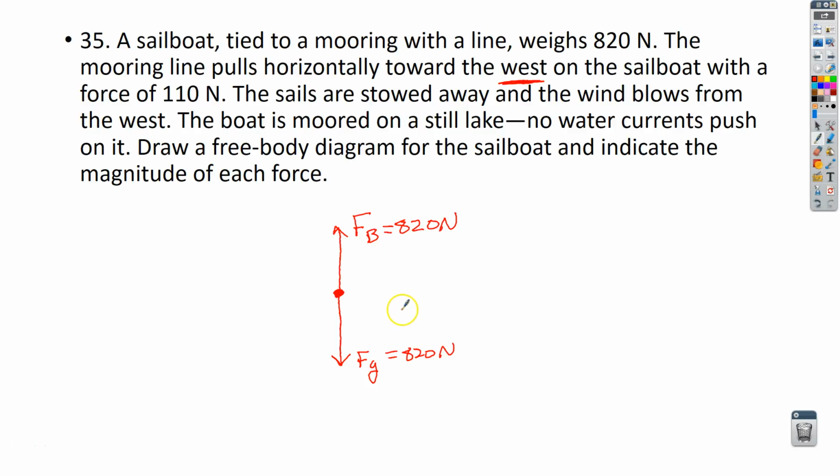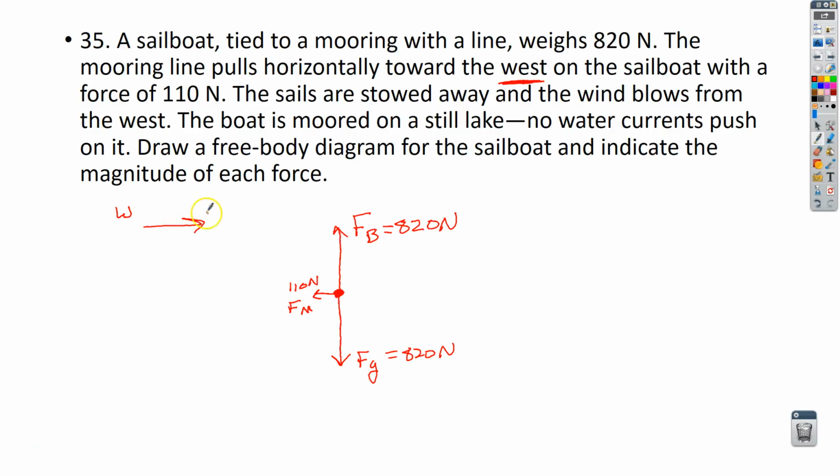We have a mooring line which is pulling on that sailboat with a force of 110 newtons. So this would be the force of the mooring line. And the wind is blowing from the west, so we know that the wind is blowing this direction. It's blowing towards the east.